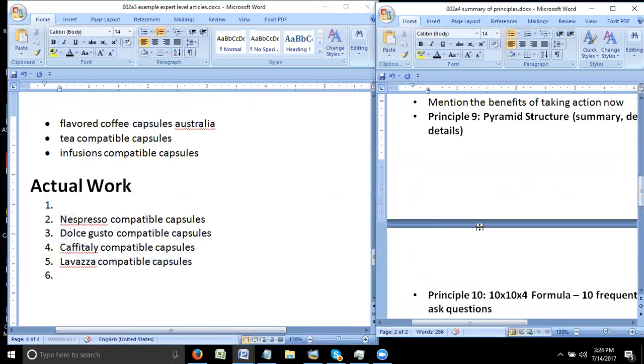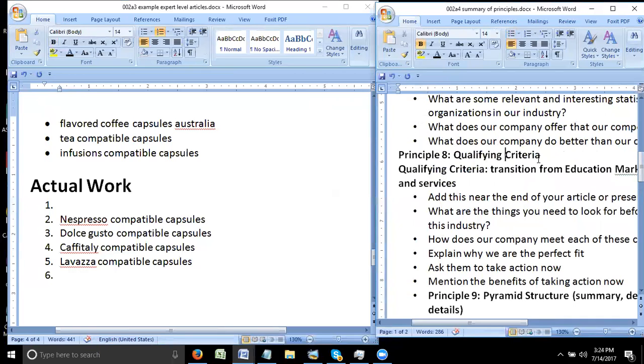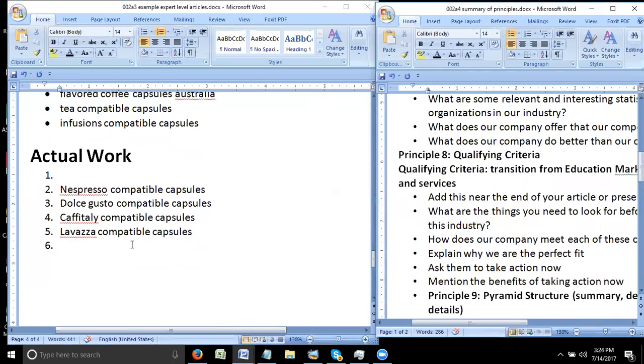Okay, so I'm just going to add in the principle number 8, the qualifying criteria. I'm going to put it here. So I just added that in. How to choose the right coffee pods and capsules for you.